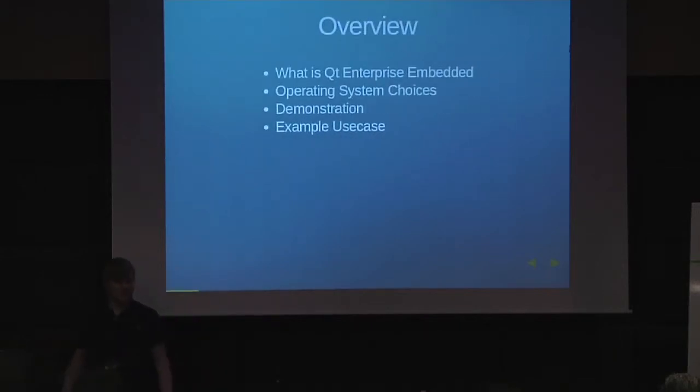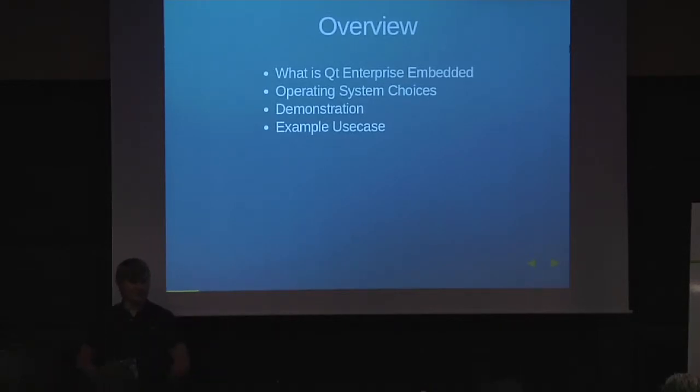So to give a short overview of what we'll be talking about today, I'll explain what Qt Enterprise Embedded is. Then I'll discuss a bit about the operating system choice you have, because you do have a bit of selection there.